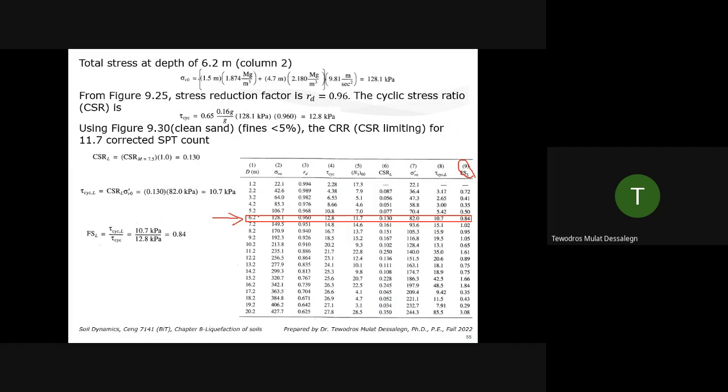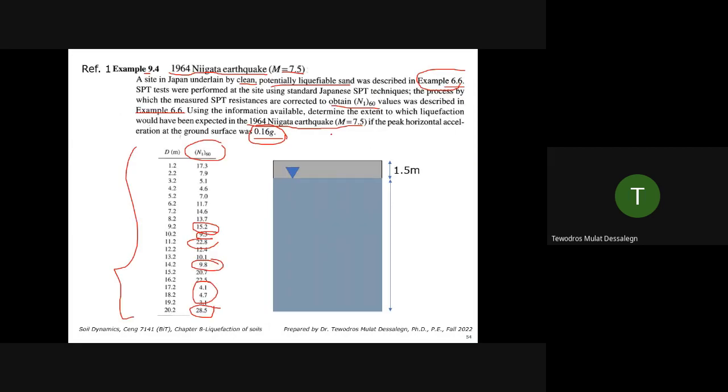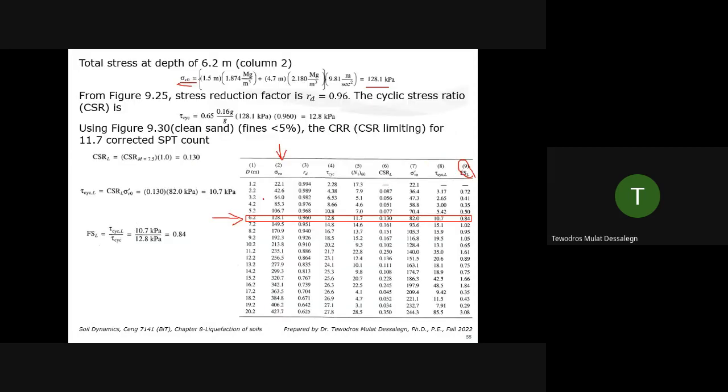So at a depth of 6.2 meters, column 2, this is the total stress column. You can find that and get 128.1 kilopascal. And you need to include water also. The water is at 1.5 meters, so it's a saturated area. Anything below here is saturated.